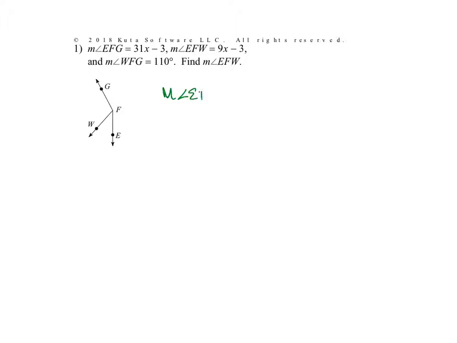Angle EFG equals the measure of angle EFW plus the measure of this other angle, WFG. So I'm going to substitute the information. 31x minus 3 equals EFW, which is 9x minus 3, plus WFG, which is 110. I need to find x so I can find EFW.